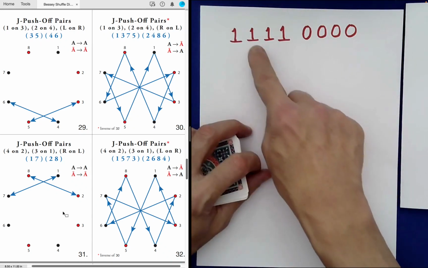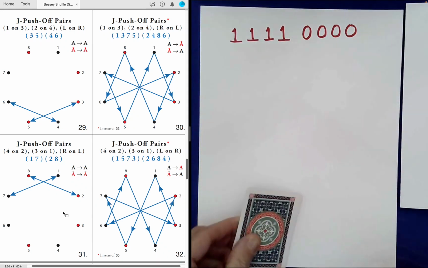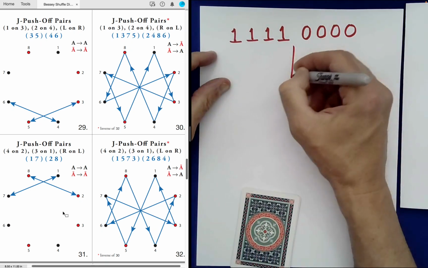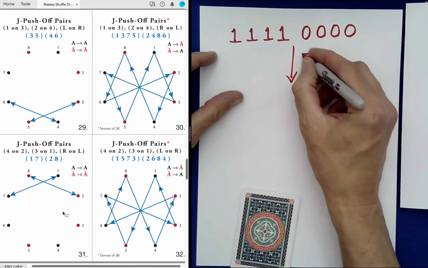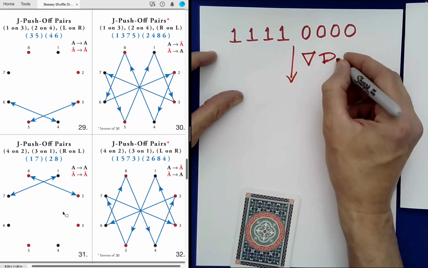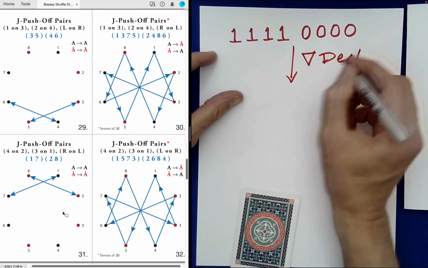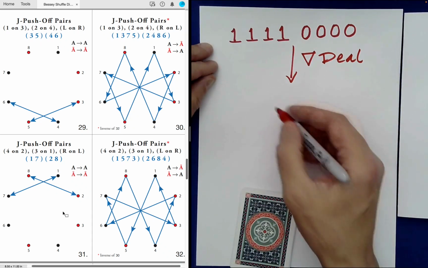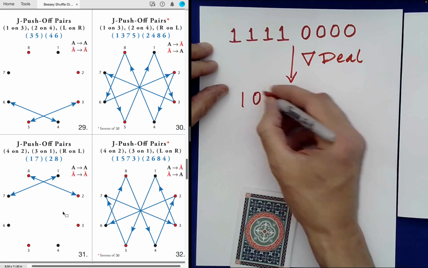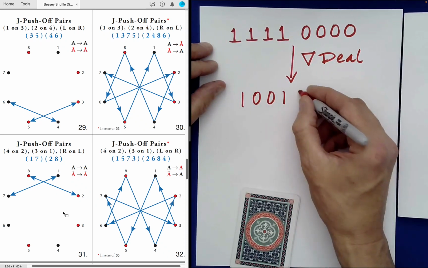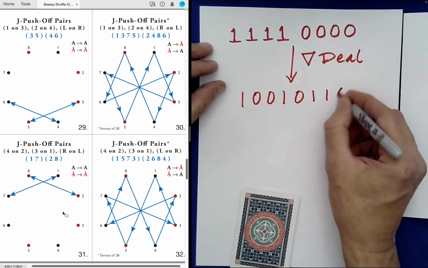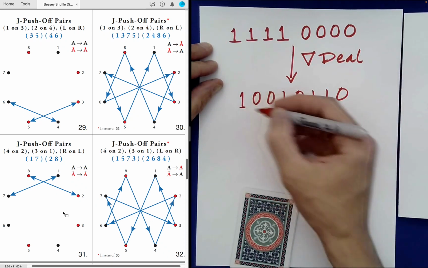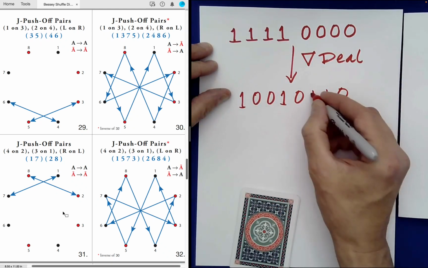Now this structure type can be converted to a Bessey sequence using this triangle deal. This is a really clever little technique by Werner Miller, who's one of my subscribers, and he came up with this very clever way of going from this organizational structure to a Bessey sequence.